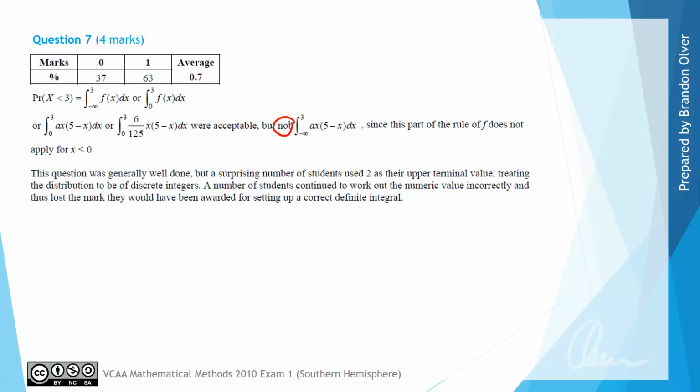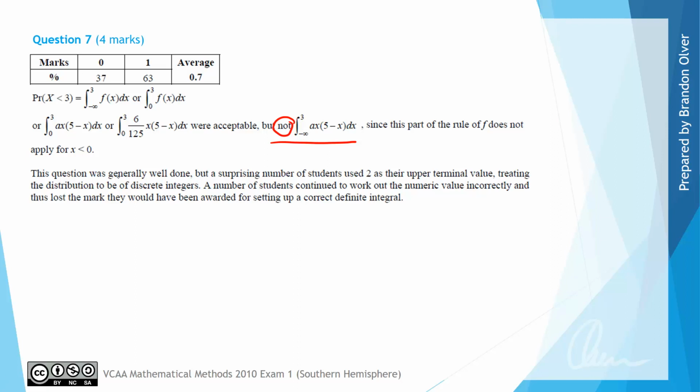However, one response that was not acceptable was the following, and that's because the rule within that integral is not actually part of the overall function f for when x is less than 0. To turn that into a correct statement, that lower terminal needed to be 0.